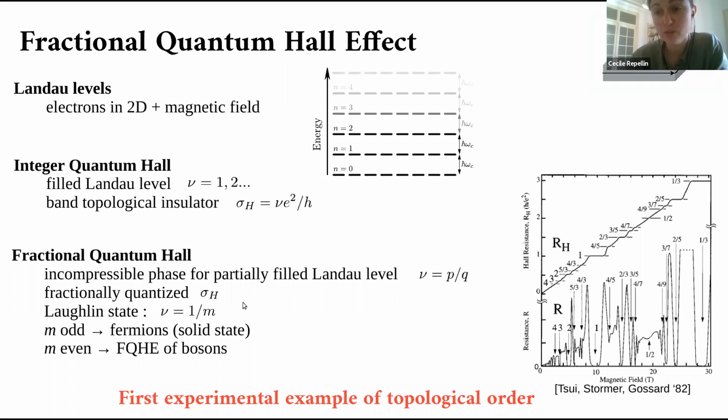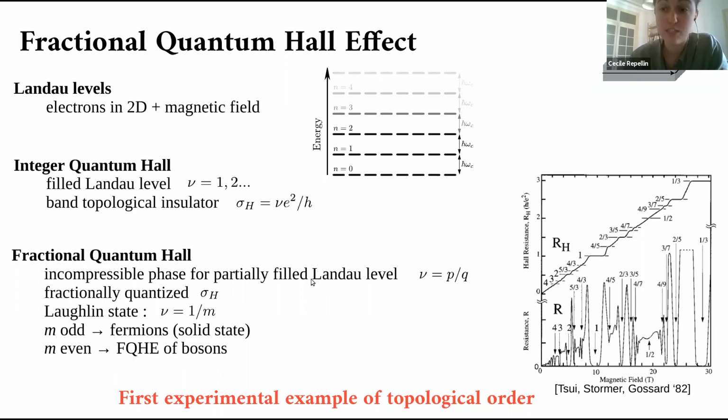In the solid state context, m is always odd because it corresponds to fermions, but theoretically speaking, there's no problem to have a Laughlin state of bosons, and this is going to be for the case when m is an even integer.